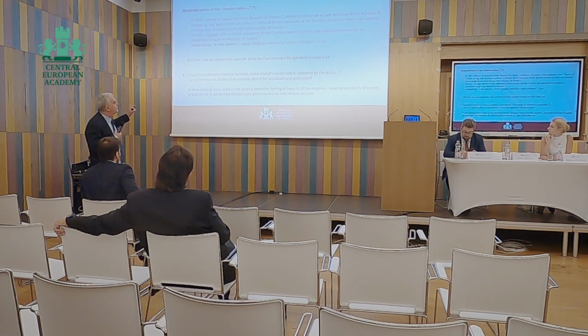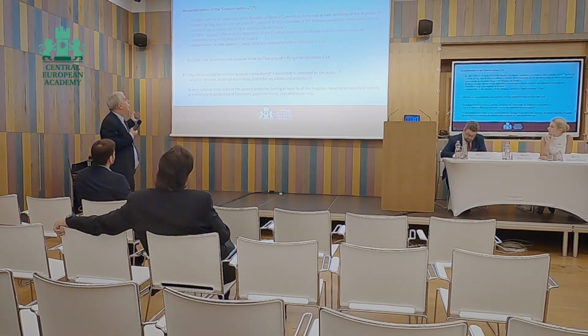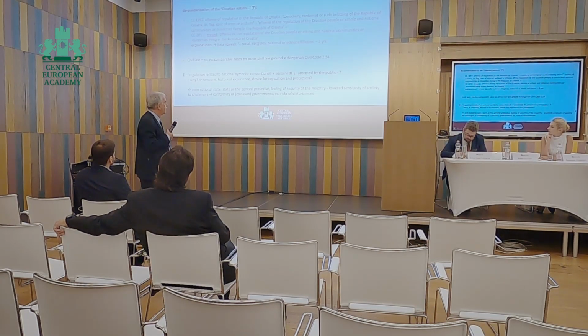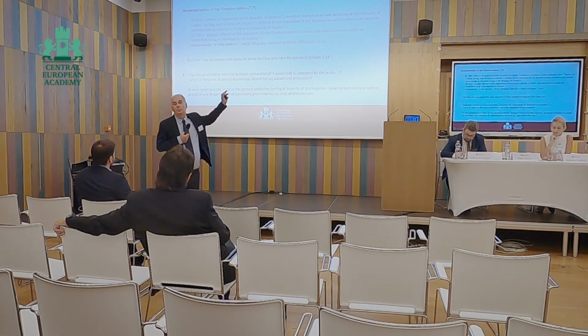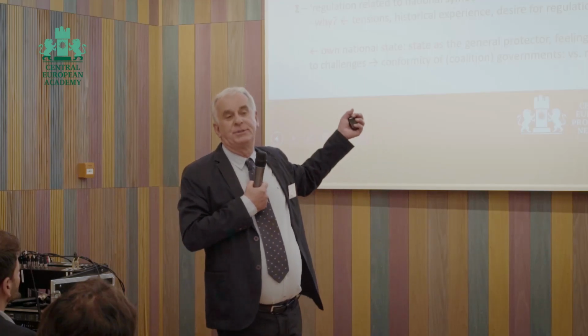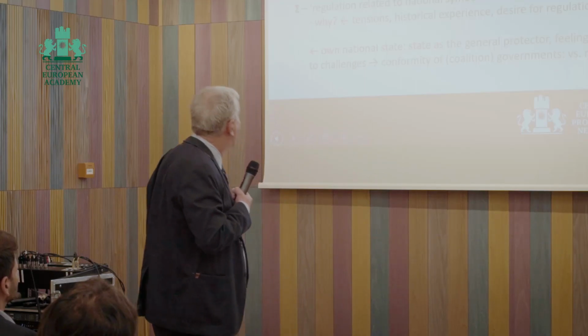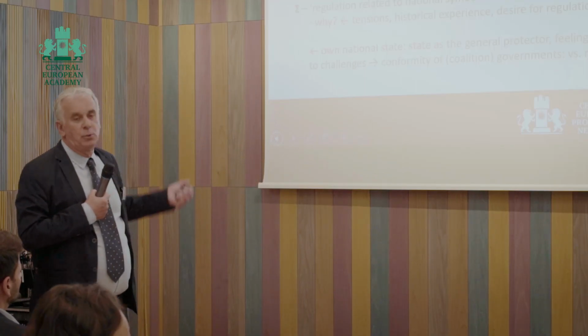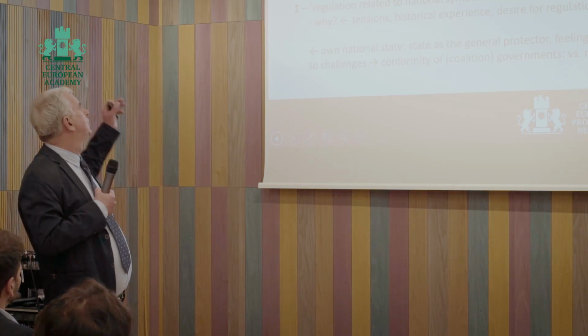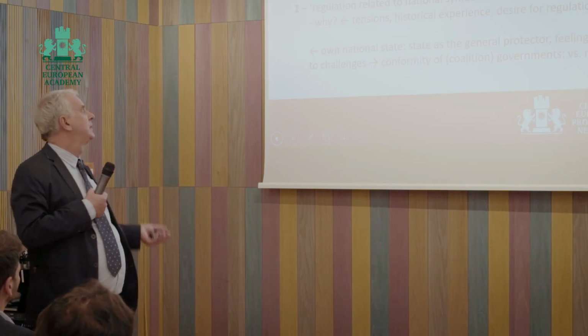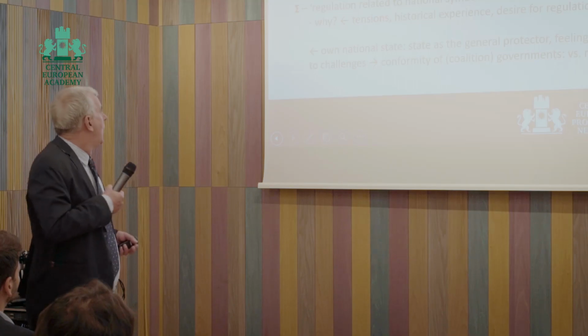I will conclude this with the conclusion that regulation related to national symbols is kind of conventional, but also sustained, contrary to expectancy, and still accepted by the public, which is a bit strange. Why so? One would expect a different outcome due to tensions, historical experiences, frustration, and so on.